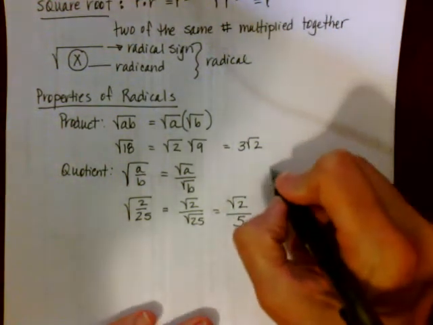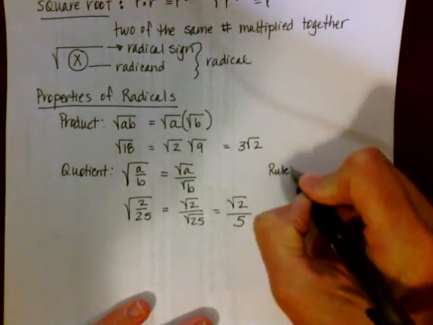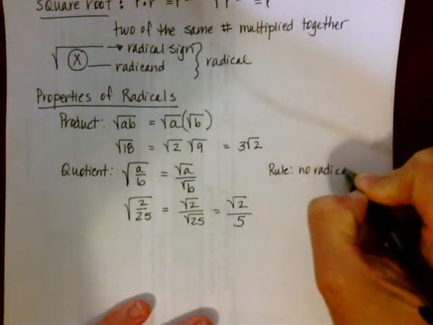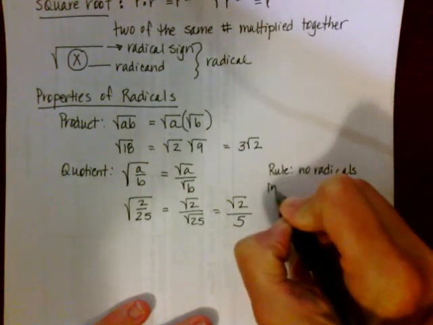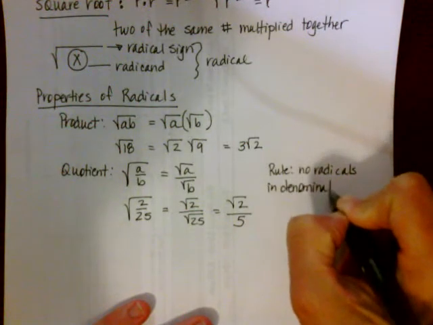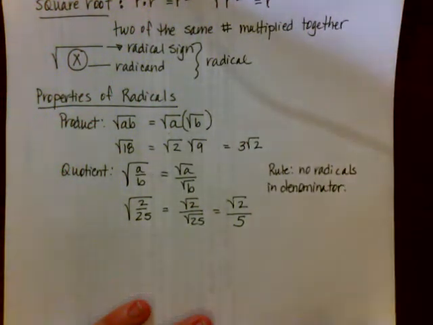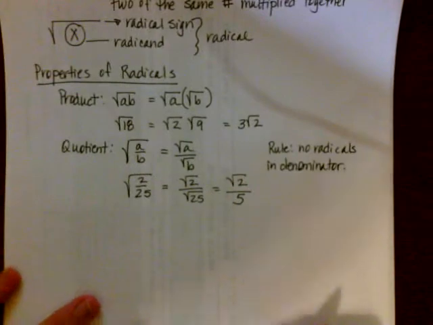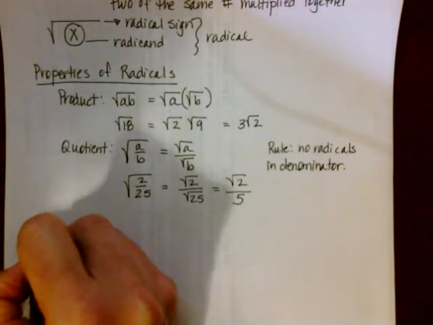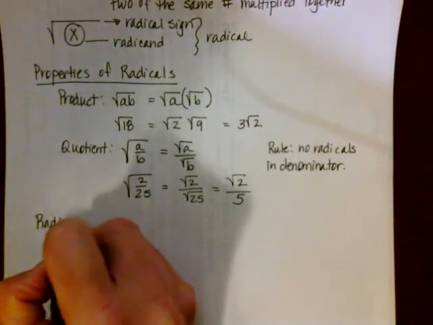So a rule that you want to remember is no radicals in the denominator. And in just a bit we'll talk about how to undo a radical that's in the denominator. But for right now I want to take a little trip.